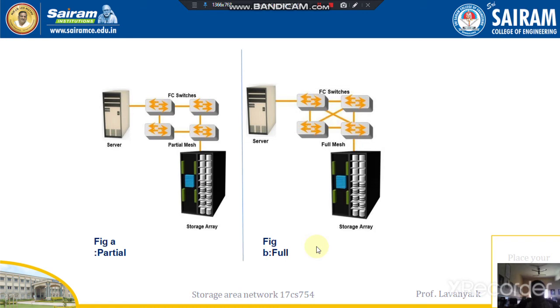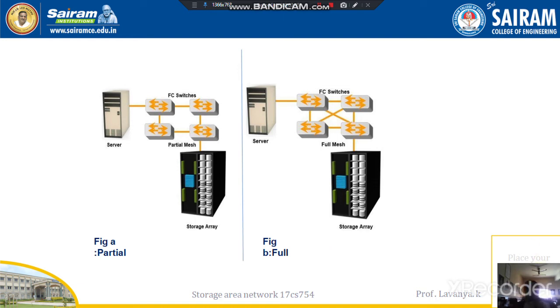In full mesh topology, a maximum of one interswitch link, or one hop, is required for host to storage traffic. The second one is the partial mesh topology. Several hops or several interswitch links may be required for the traffic to reach its destination. So this is the difference between the full and the partial mesh topology.